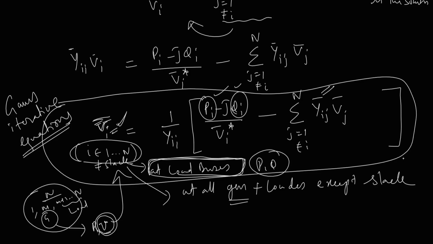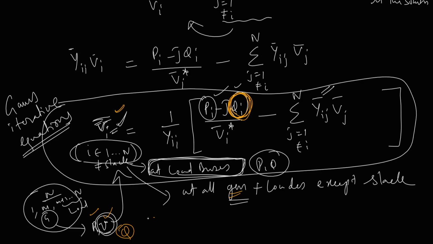But when it comes to a generator bus, we don't have prior knowledge of Q, because Q is not specified at the generator bus. Only P and V are specified. So we don't have this term here to evaluate V at a generator bus.